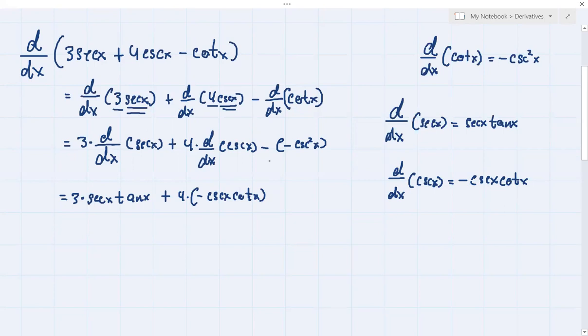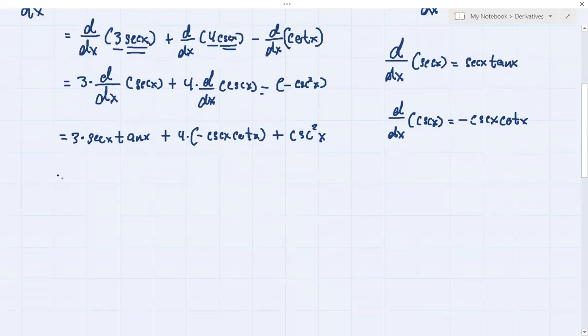Alright? Then in here, simplify lang natin to. So, minus negative cosecant squared x. So, this would be plus cosecant squared x. Alright, so simplify pa natin. So, we will have 3 times secant x times tangent x minus 4 times cosecant x times cotangent x plus cosecant squared x.